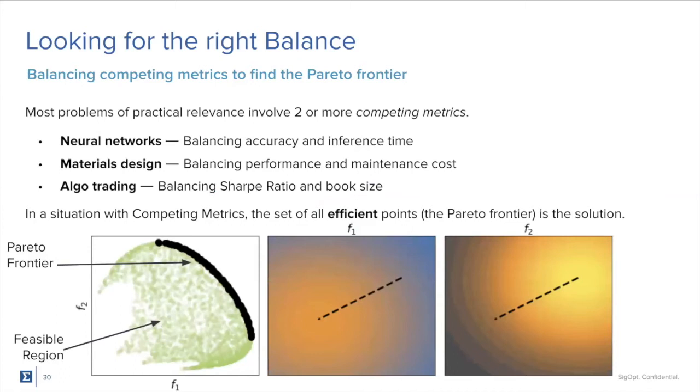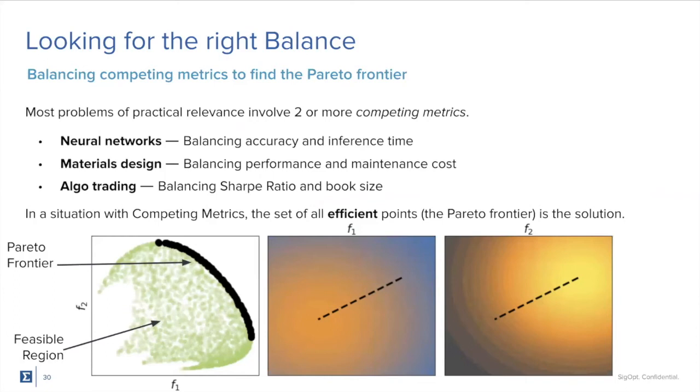So what does it mean to do multimetric optimization? Doing multimetric optimization essentially means that you have a set of competing metrics. And it's important that it's a set of competing metrics, because otherwise you're not doing multimetric optimization.